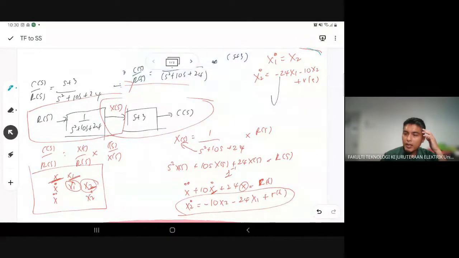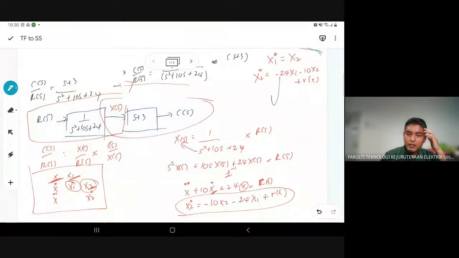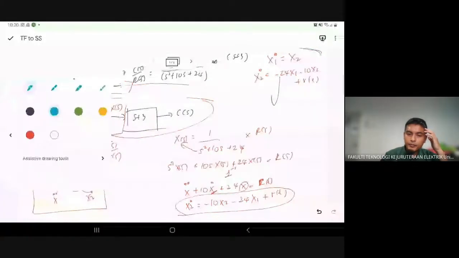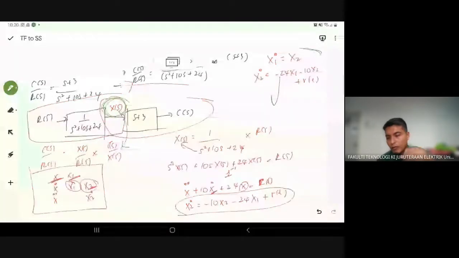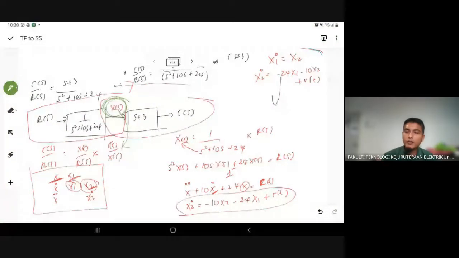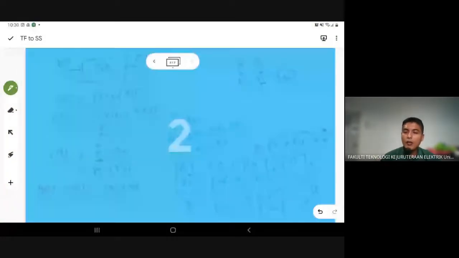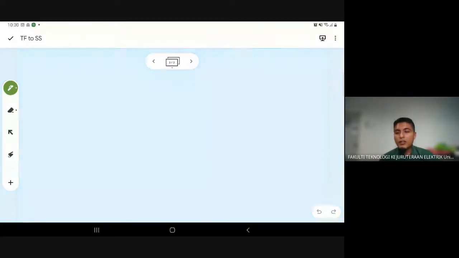Then you need to name the Xs here, and then convert to this part and solve it. Okay, this is the long way. However, I will show you how to do the shortcut to convert the transfer function to state space.